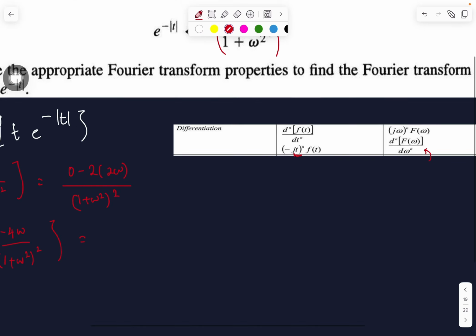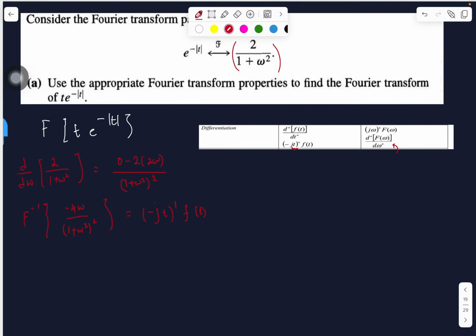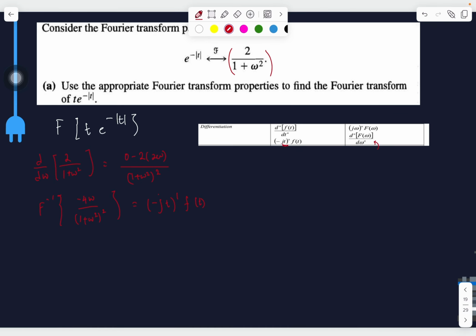According to this, هيكون minus j t to the power of 1 times f of t. So it's minus jt في exponent minus t.